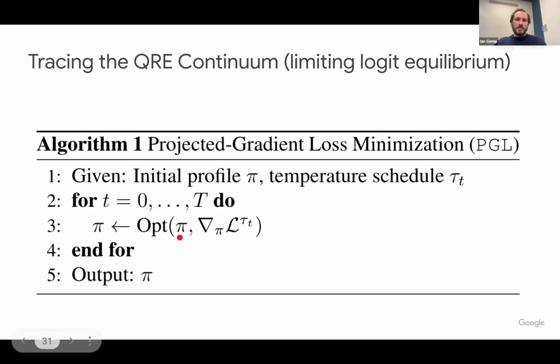At each step, you try to minimize your loss function to give you a new equilibrium profile. Let's say you minimize to completion. Then in the next step, you change to a new temperature, and you repeat.